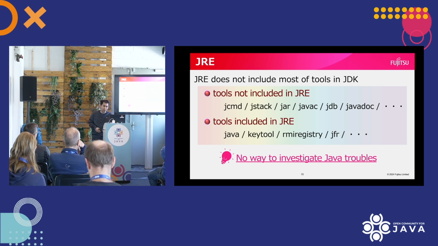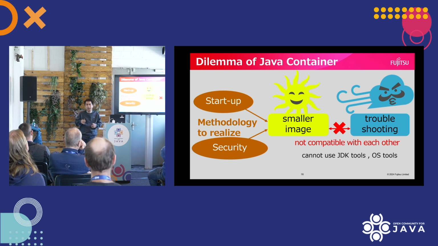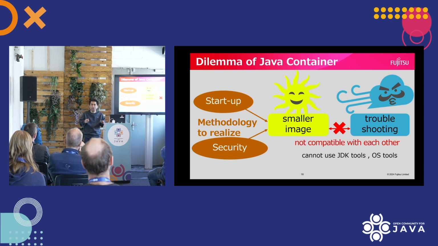Okay, that's the problem. So there is a dilemma of Java container. The smaller size image is one of the methodologies to achieve faster startup time and enhance security, but it's not ideal for troubleshooting. So the smaller size image and troubleshooting are mutually exclusive. So you need to compromise one of them.